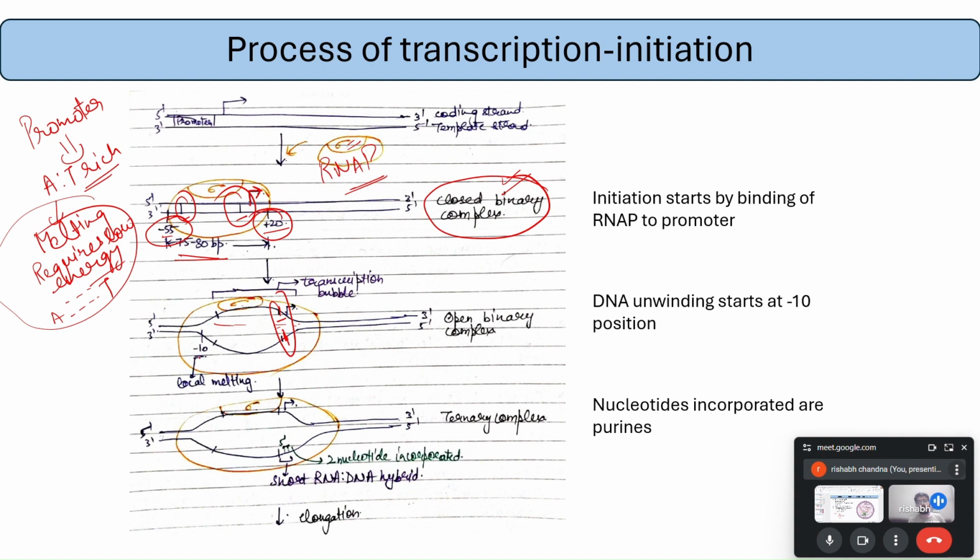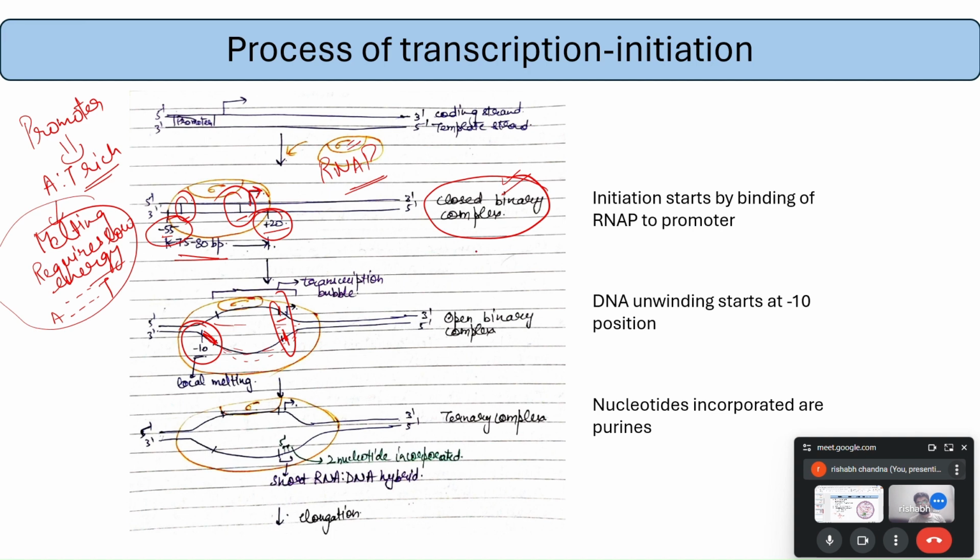Here the melting starts from the -10 region. That's why we said that the -10 position helps in the formation of the open complex. Any mutation in those regions leads to a reduction in open complex formation.